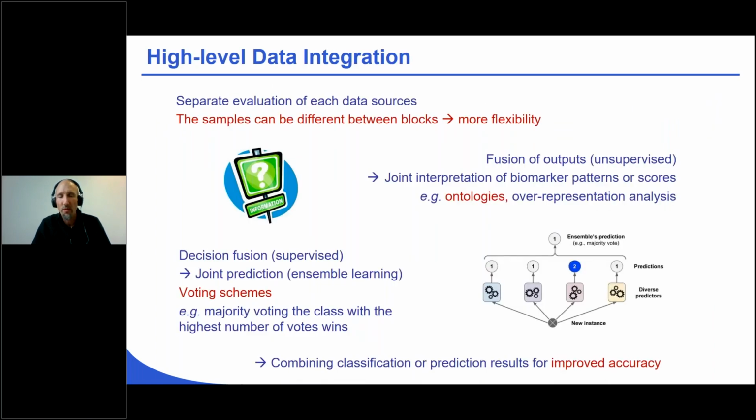So the first thing we tried to do was to apply a high-level data integration strategy to try to see which one of the data matrices could be used for the discrimination of the geographical origins and the extraction processes.